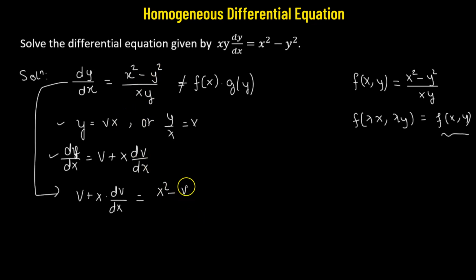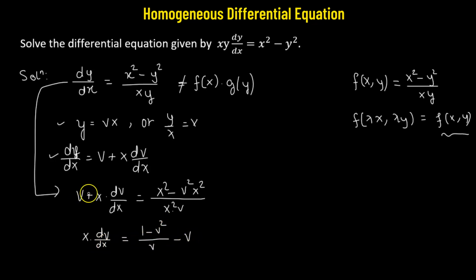In place of y squared we have v squared x squared, divided by x times y, where y is v times x, so this is simply x squared times v. We can factor out x squared from both the numerator and the denominator, which leaves us with x times dv/dx equals (1 minus v squared) divided by v, minus v.